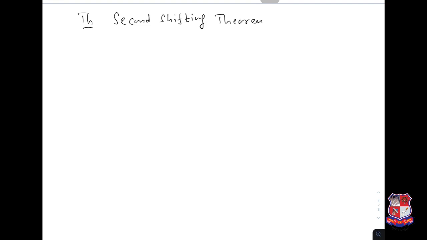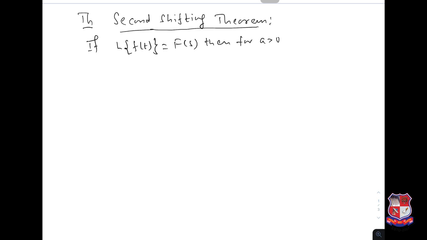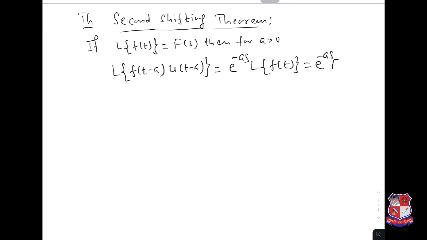Here the statement is like this: if Laplace transformation of f of t equals F of s, then for a greater than 0, Laplace transformation of f of t minus a, that function multiplied with the unit step function u of t minus a, is nothing but e to the power minus as times Laplace transformation of f of t, or you can say e power minus as F of s.